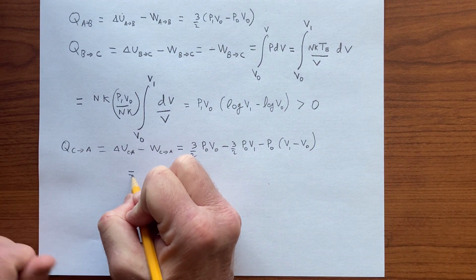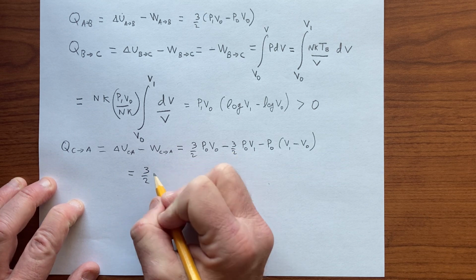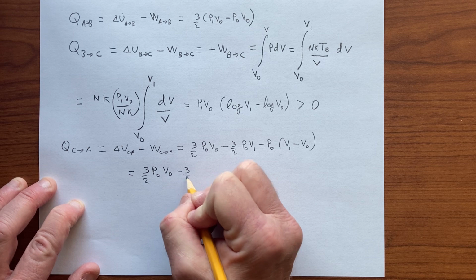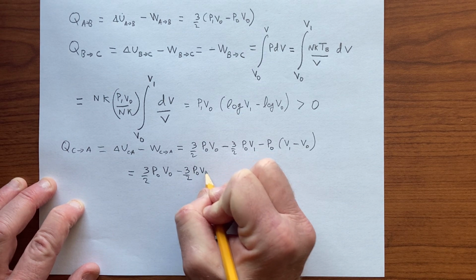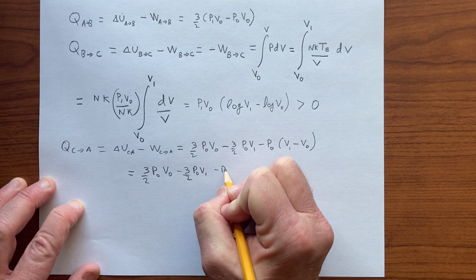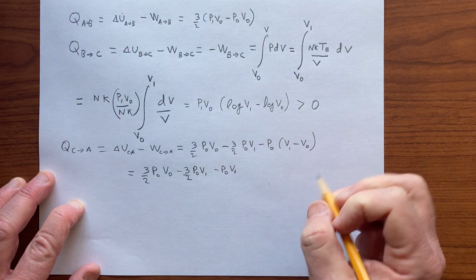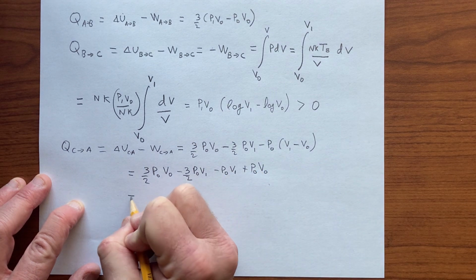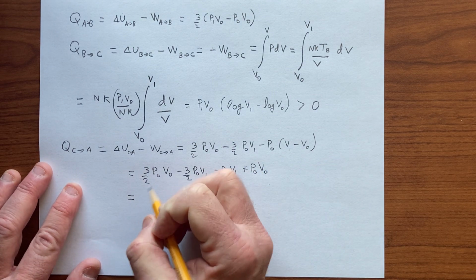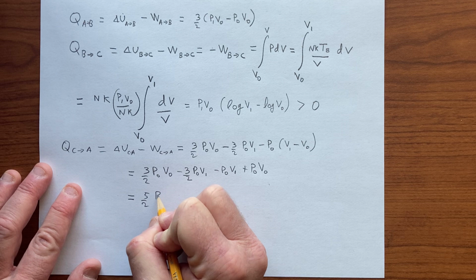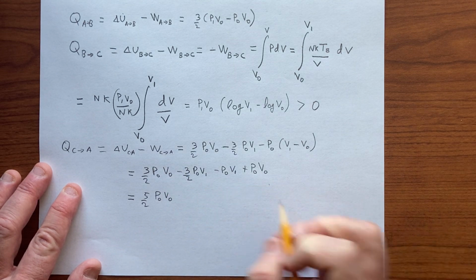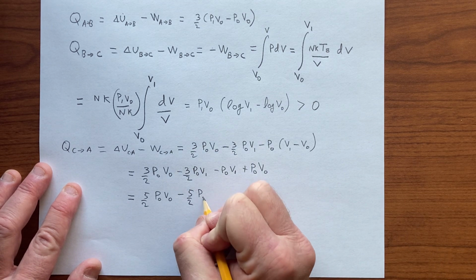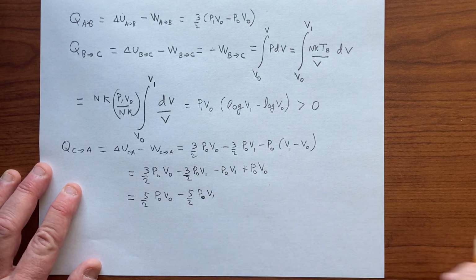And this is 3/2 P naught V naught minus 3/2 P naught V1 minus P naught V1 plus P naught V naught, which is 5/2 P naught V naught minus 5/2 P naught V1.